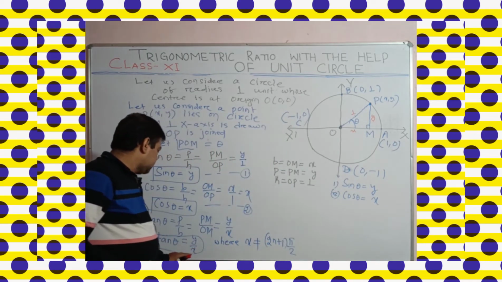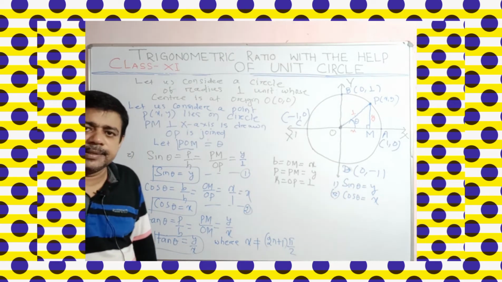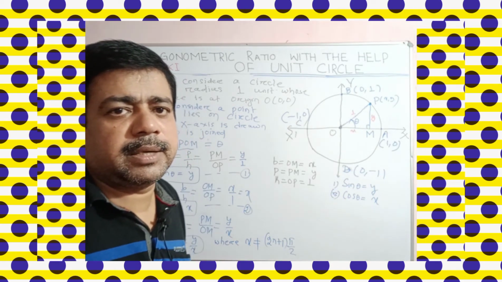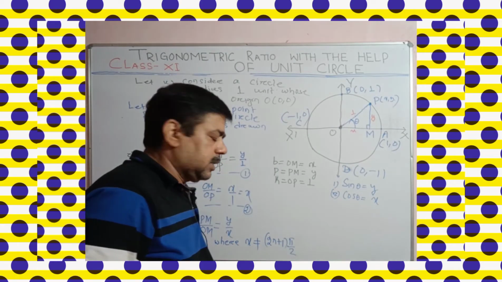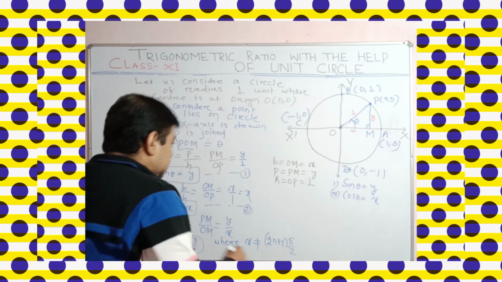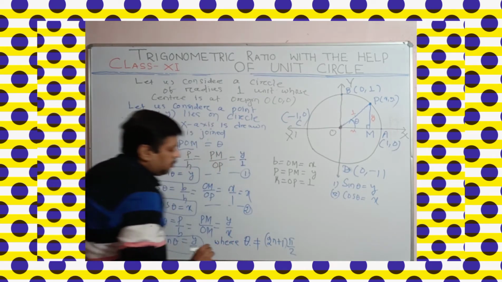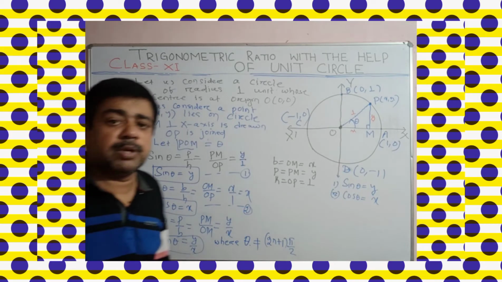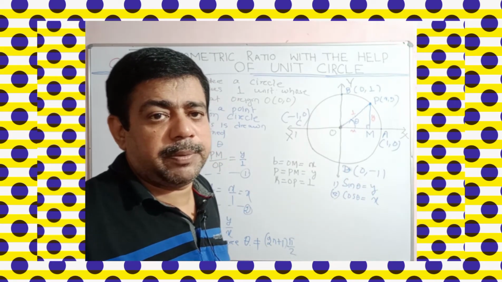Hence y upon x has zero in the denominator, which means tan theta is not defined, it cannot be determined. So theta is not equal to (2n plus 1) pi by 2, an odd integral multiple of pi by 2.